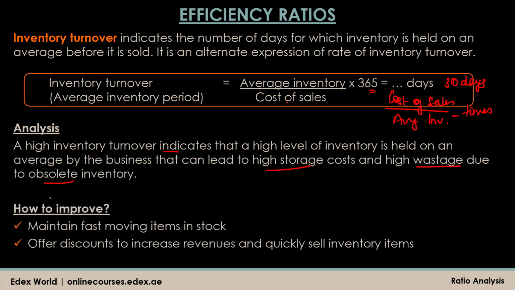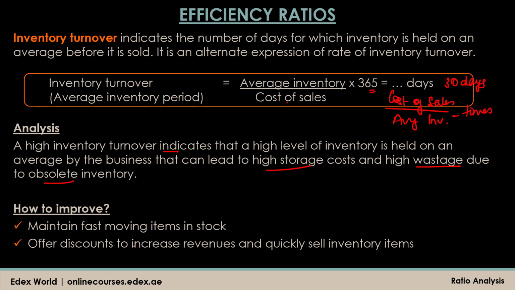How can we improve this ratio? When improving, I mean to say, how can we reduce this ratio? Because I want a lower inventory period, we can stock more of fast moving items. So in a business, there can be fast moving items and slow moving items. Fast moving items are items that there is high demand for and they are sold faster.